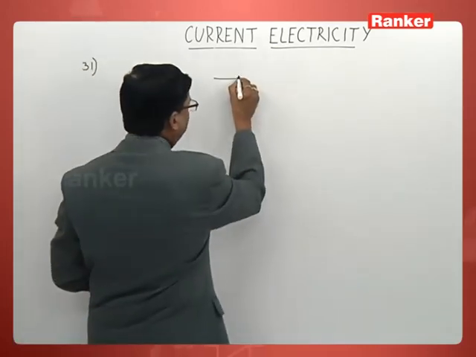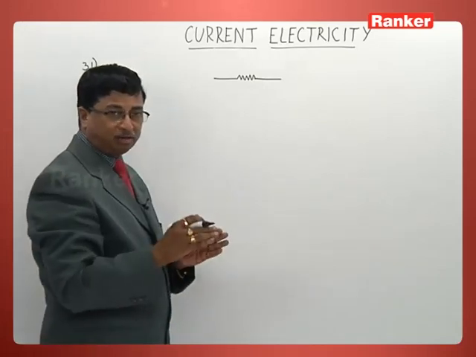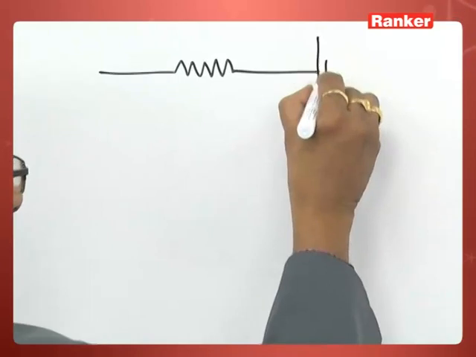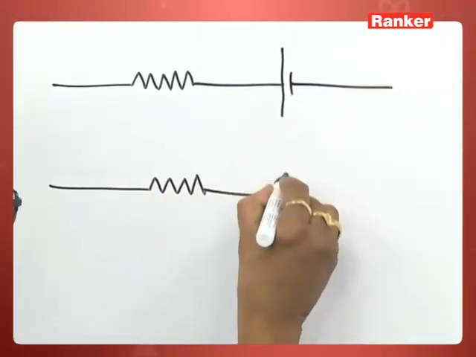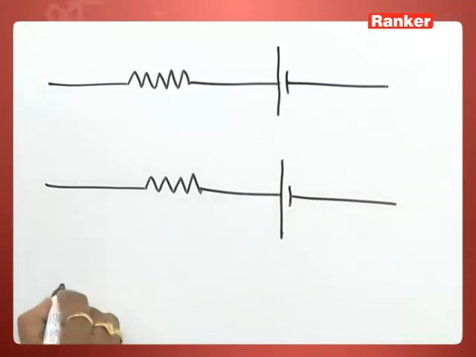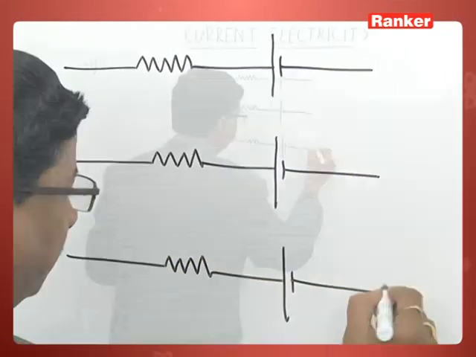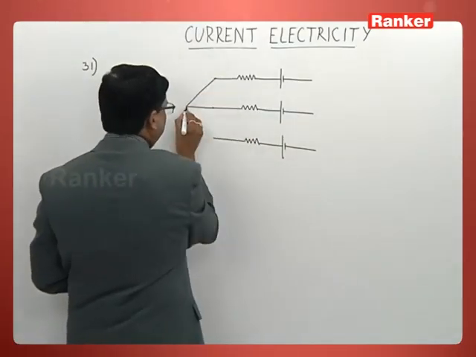We have been given a resistance here, connected to that a cell like this. Likewise, he took 3 branches. The third branch is like this. And these two he has connected this way.